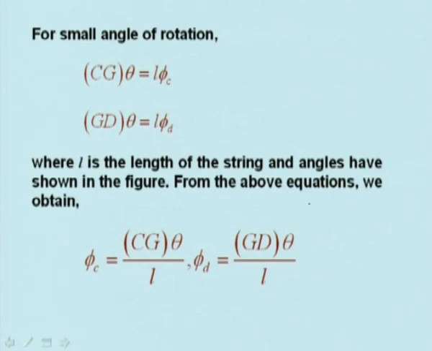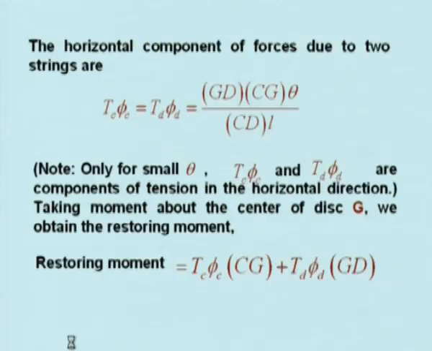Therefore phi C is equal to CG times theta divided by L, and phi D is equal to GD times theta divided by L. Then the horizontal components of the forces due to the two tensions will be Tc phi c and Td phi d.